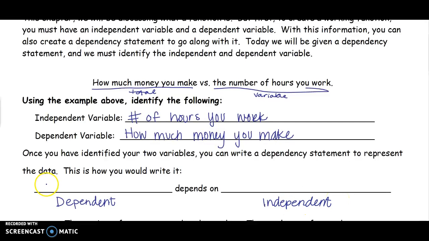Okay, so you would say how much money you make depends on the number of hours you work.